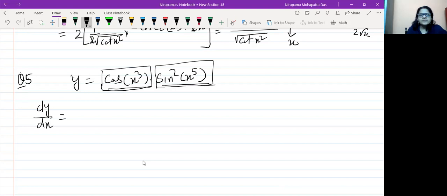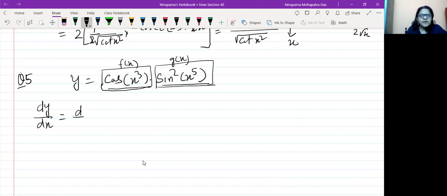So we have the first function and the second function. The product rule of differentiation, as we know, is derivative of the first function into the second function plus derivative of the second function into the first function.